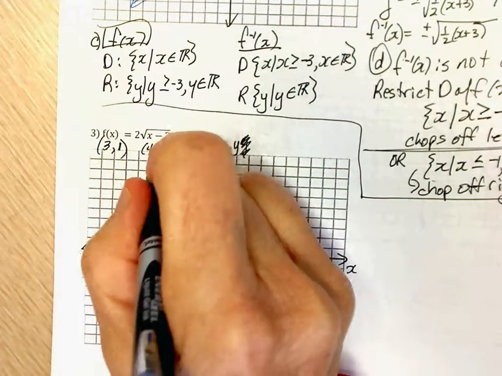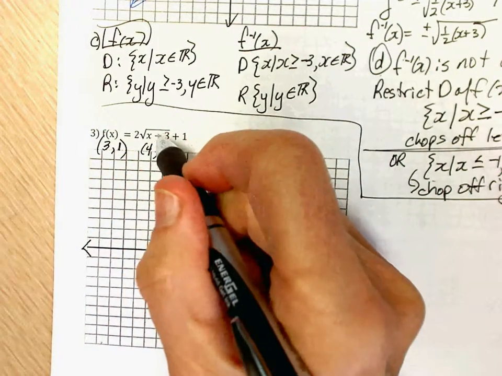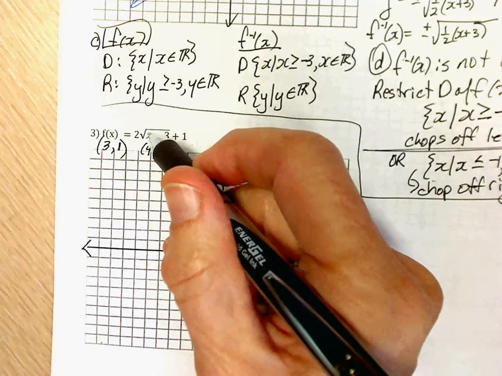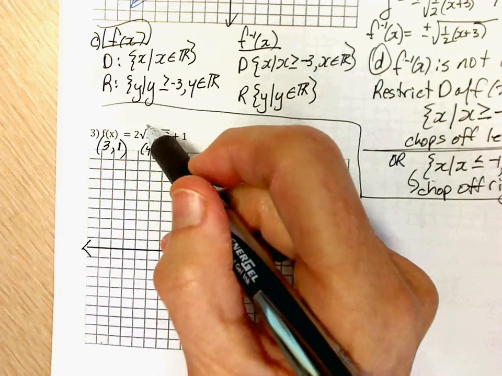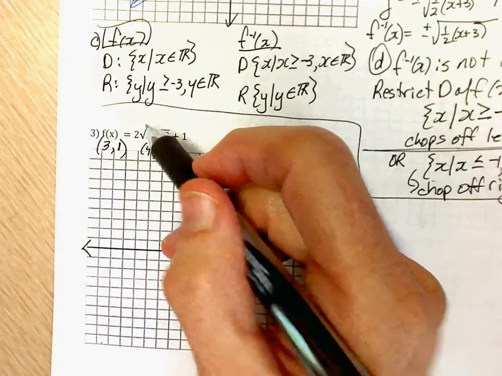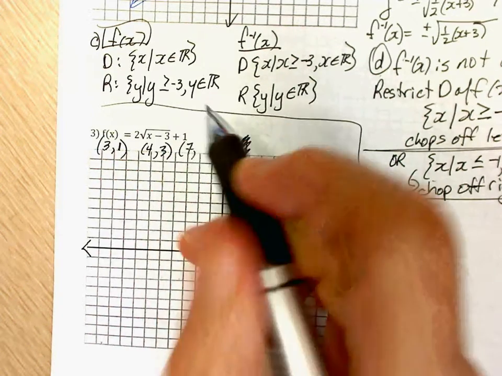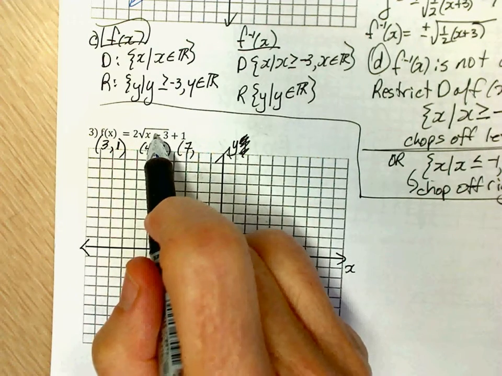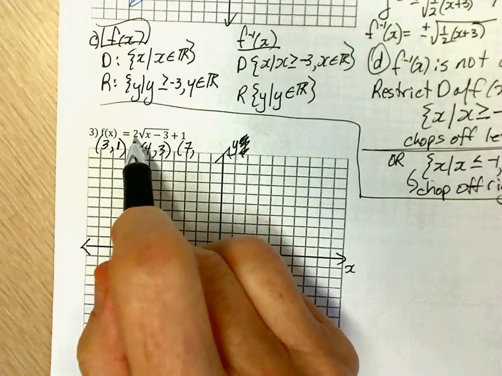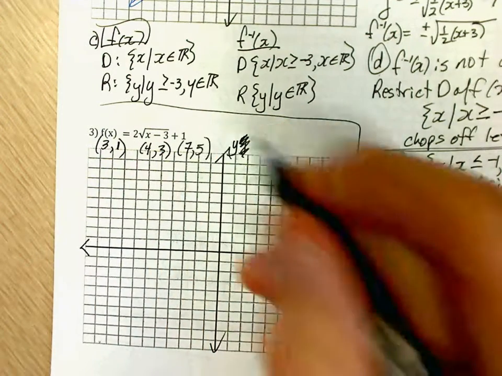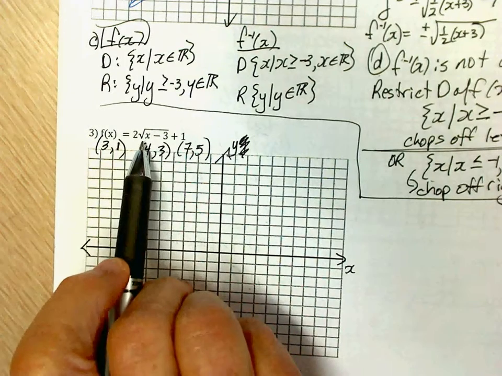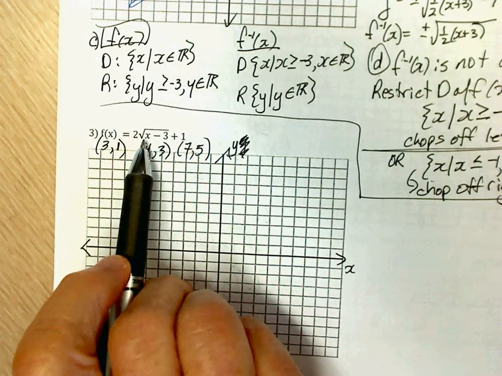Now when x is 7, I think that's the better point, 7 minus 3 is 4, the square root of 4 is 2, 2 times 2 is 4, plus 1 is 5. The next one would be if x is 19, but we don't want to go there. It won't fit on the grid.